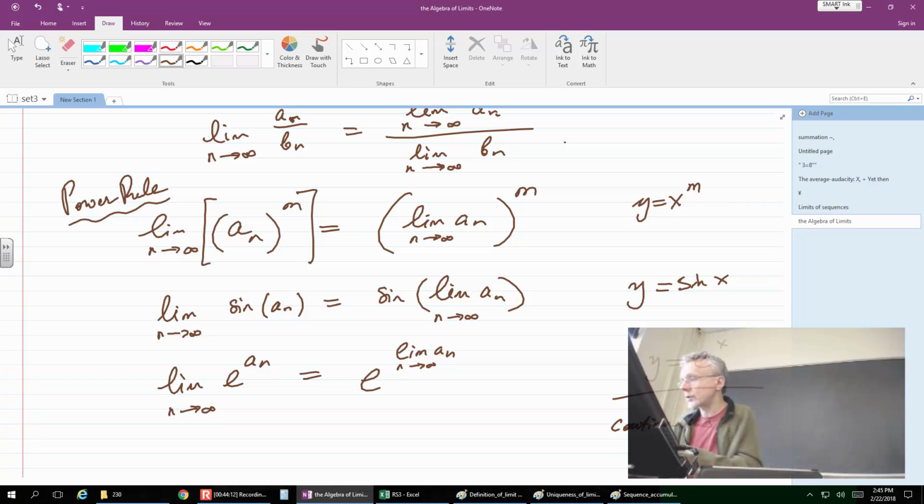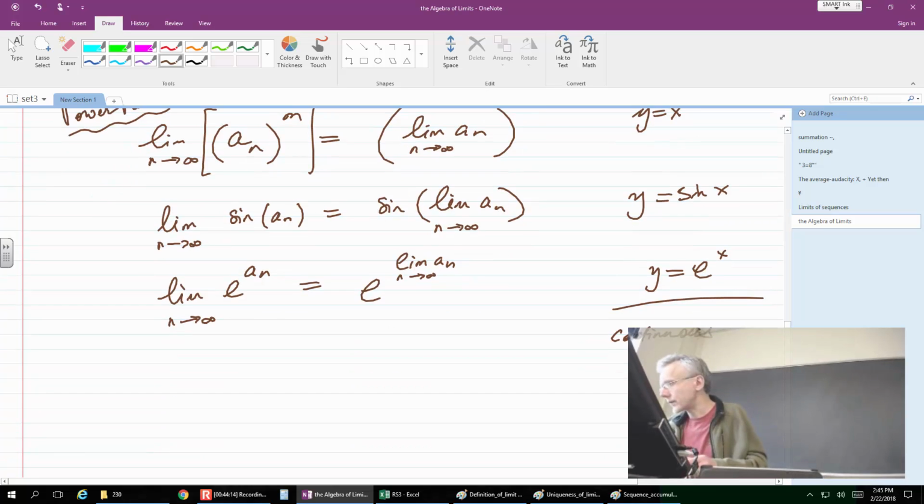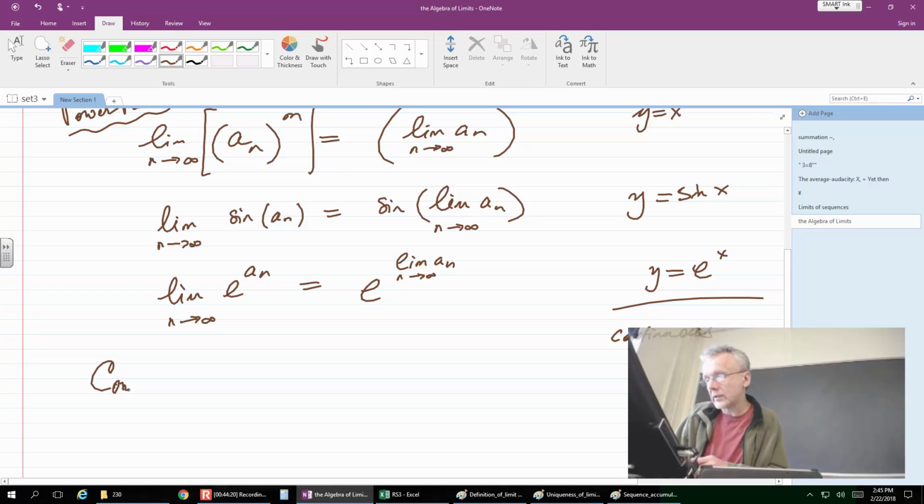The general rule, I'm not sure there is a name for it. In fact, it is the definition of continuity. It is what characterizes continuous functions, that you can do that with them.